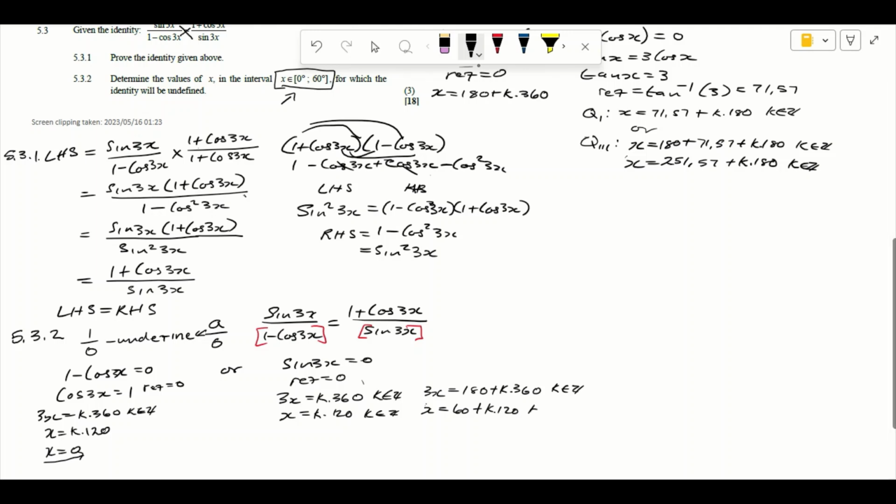Now if I put an integer which is 0, then x is going to be equal to 60. If I put an integer which is 1, then x is going to be 180, which is above 60. So now I have two values. I have x is equal to 60 or x is equal to 0. So two answers here. x is equal to 0 and x is equal to 60. So that is my answer.